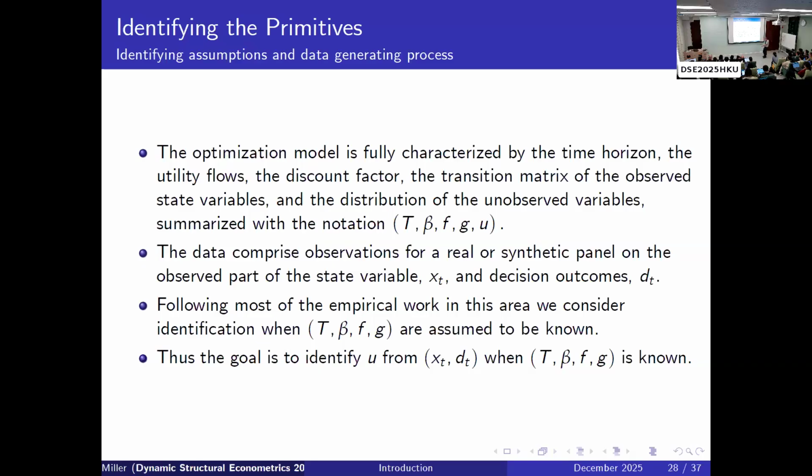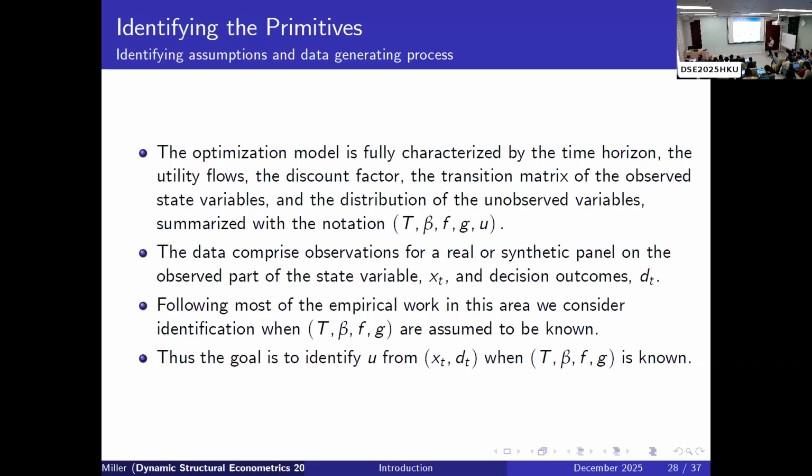And the G's, we almost always assume that we know, and almost always we assume that they're type 1 extreme value. If they're not, if they're nested logit, then there's a sigma parameter in there, and then we would actually want to estimate that sigma parameter, of course. And that's going to raise issues about what else we have to assume in order to estimate the sigma parameter. We'll get to that later.